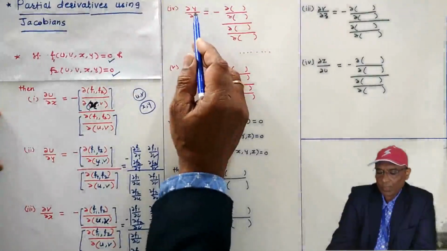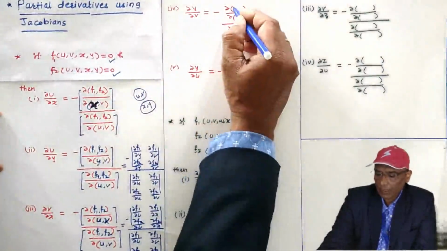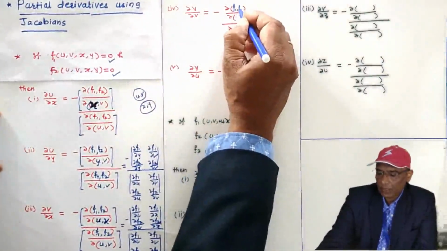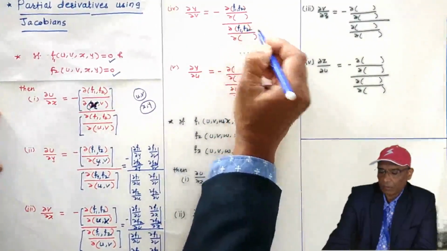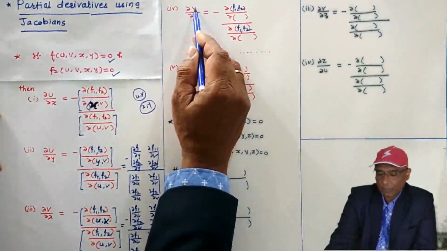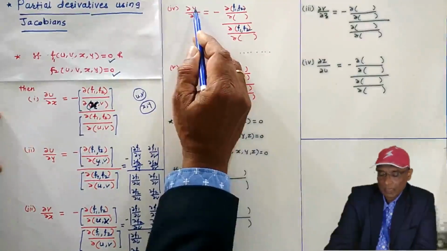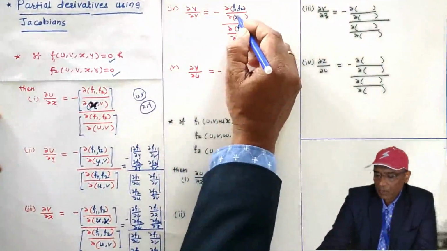Now, the formula for del y by del v. From here, the formula for del y by del v will be what? f1, f2, I have written here. Now, in the numerator of the derivative, y is present. Y comes under the group of xy, so I am writing here x, y.